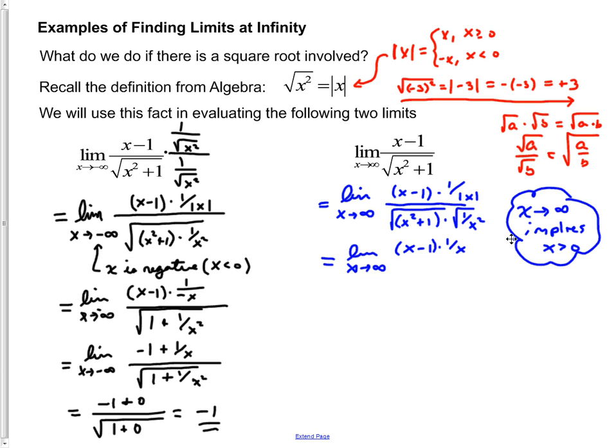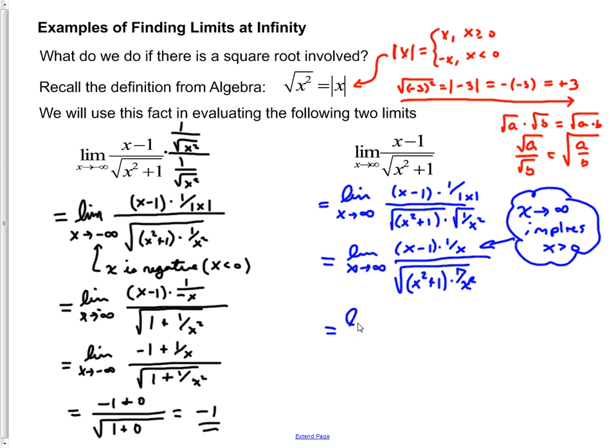So it's 1 over x. And of course, in the denominator, we've got the square root of x squared plus 1 times 1 over x squared. So now we just carry out those multiplications.